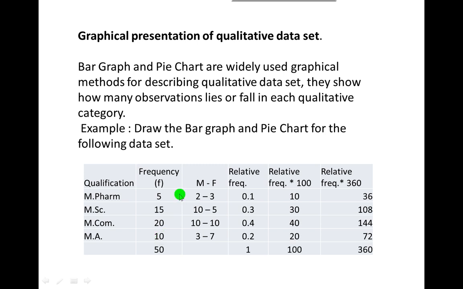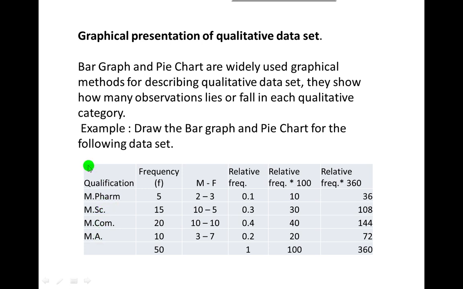So we will draw the column according to the requirements. First we will plot the bar graph. For the bar graph we require only frequencies and categories of the variable qualification. This is the variable, and MPharm, MSc, MCom, MA are the categories of this variable.